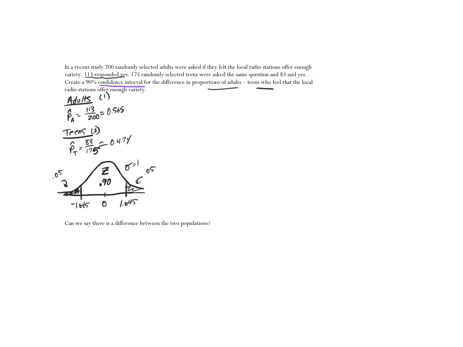Because this one specifically said to do the adults minus the teens, we need to put the fraction for the adults in for x1 and n1, and the fraction for the teens in for x2, n2. We're doing it, it's 90% again.